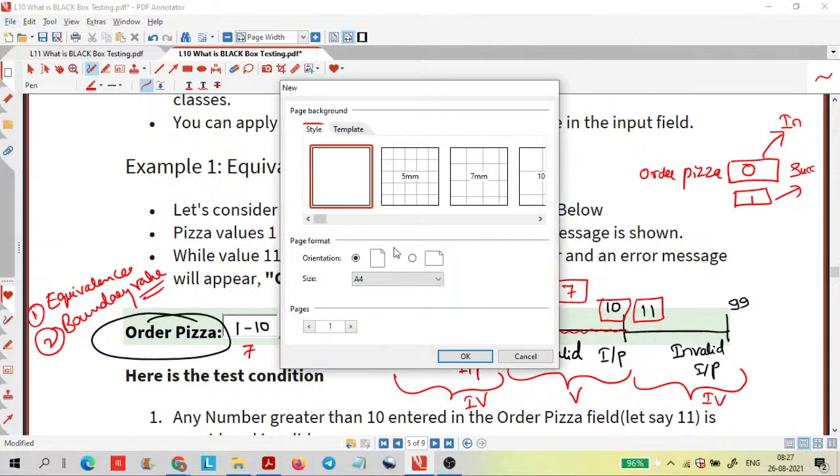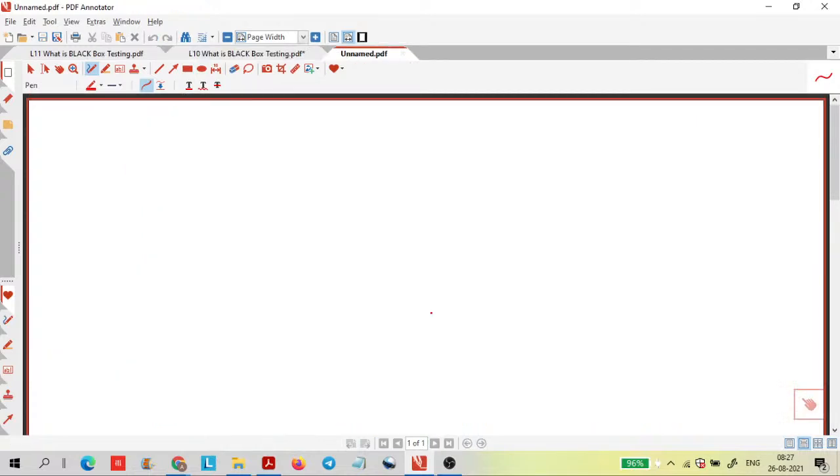There is one general example, for example a credit card transaction.